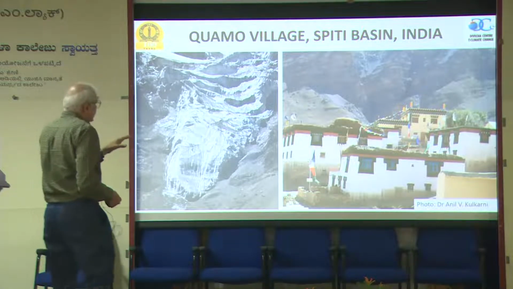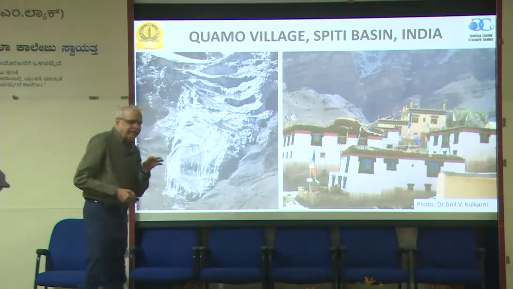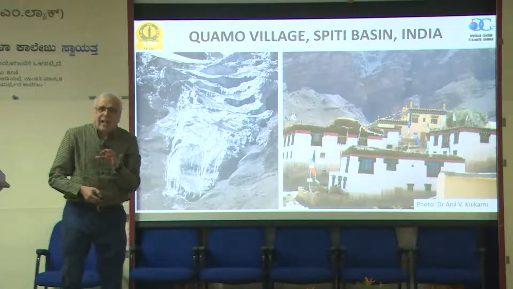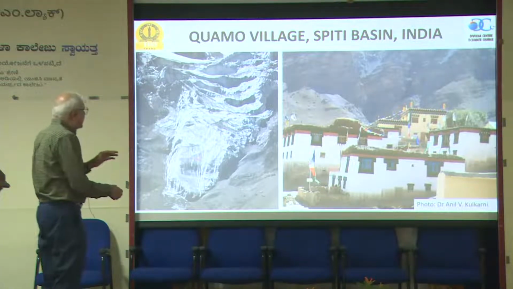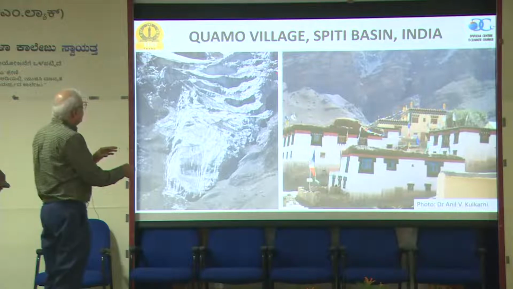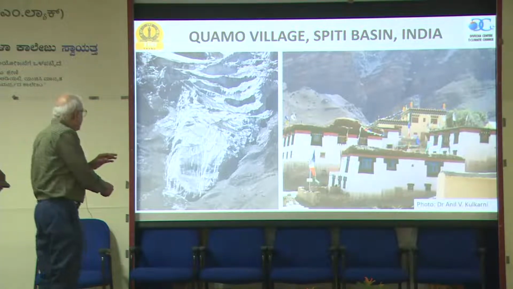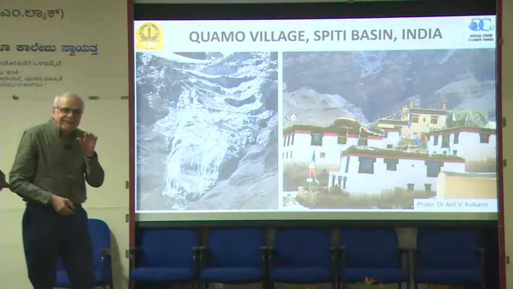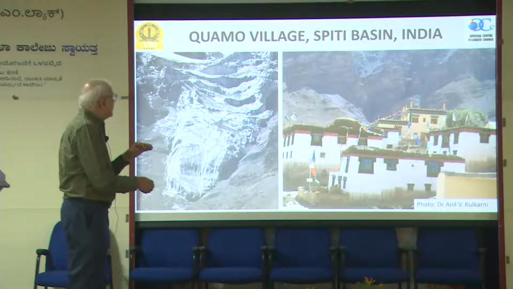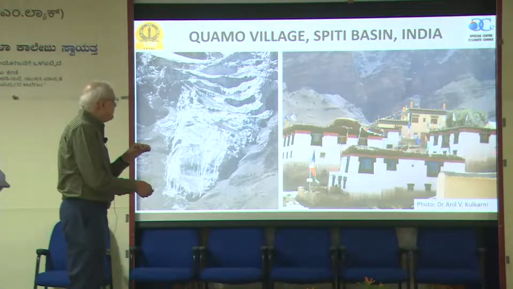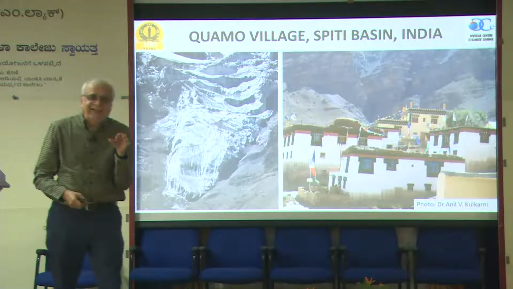So this is a small community, a Kumo village in the Spiti Basin, and you can see that this is a small glacier. This is a village, and adjacent to that is where this glacier is. The glacier melts and the water is then taken by a small system, diverted, and they have very high-end agriculture.